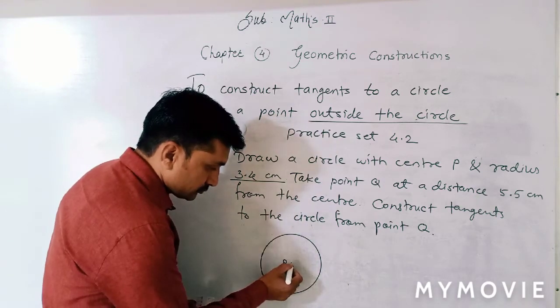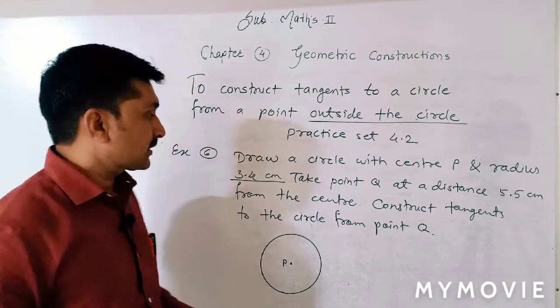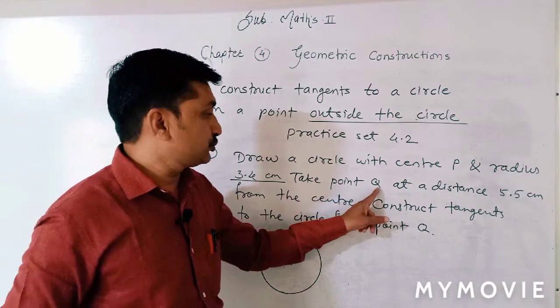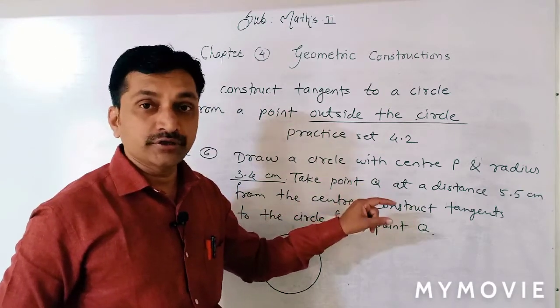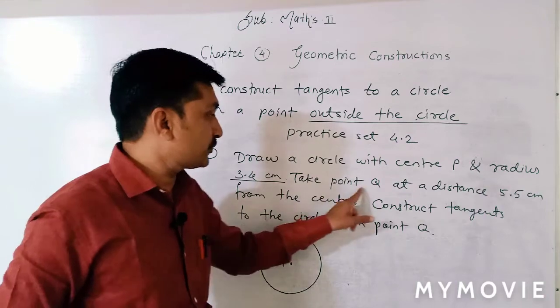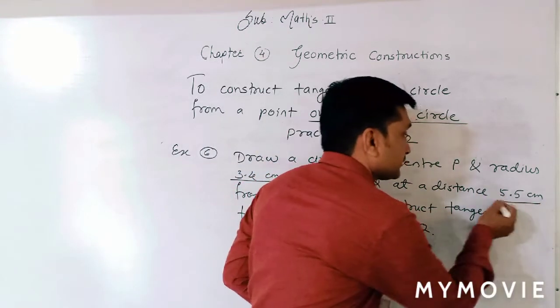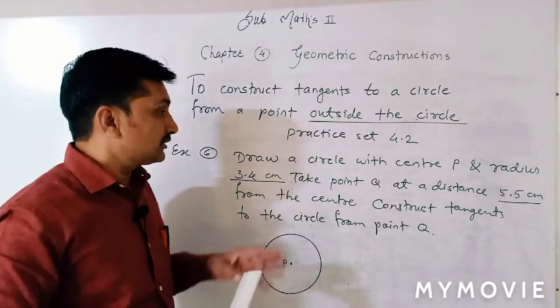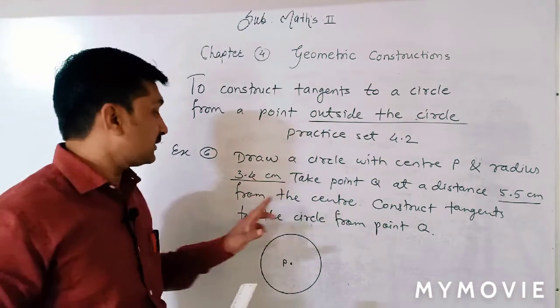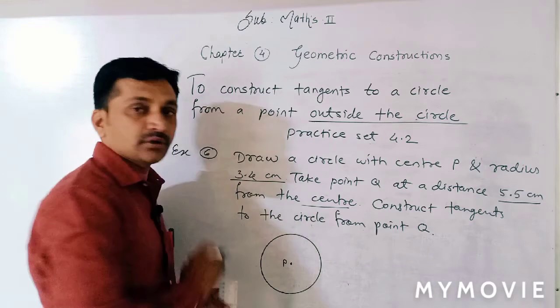Center is taken as P. Take point Q, another point, but not on the circle now. Take point Q at a distance 5.5 centimeter. Now another point Q is at 5.5 from the center.